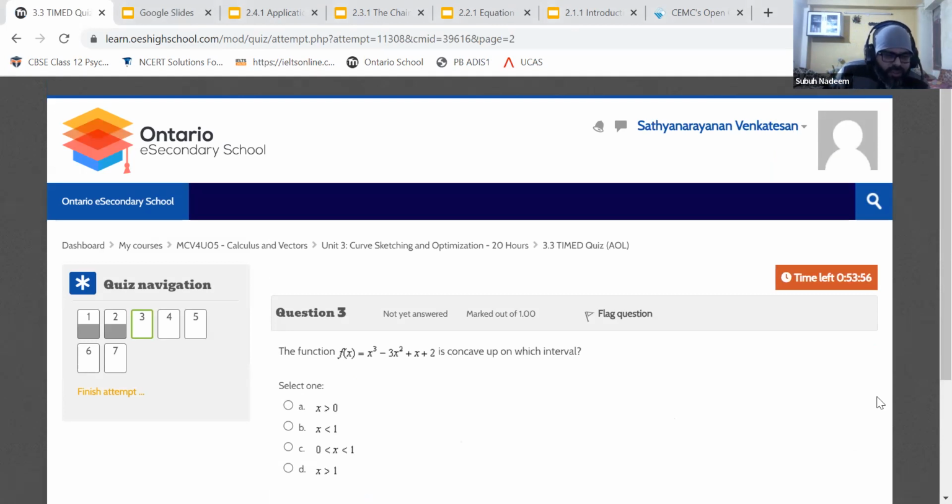So the function, this is concave up on which interval? First find the double derivative of this.